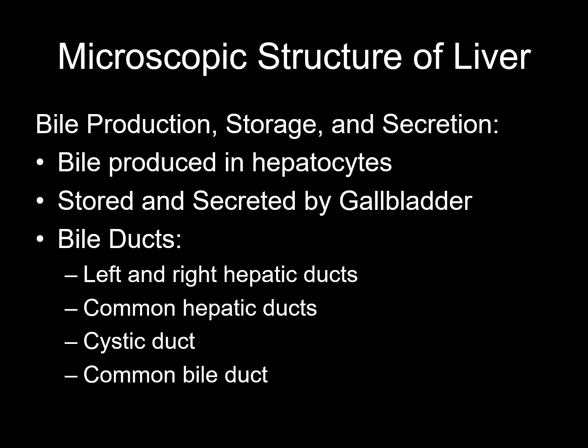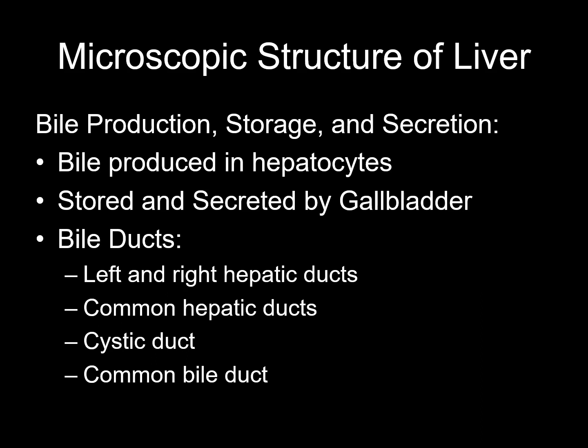Once the bile is produced, if it's not needed at the time, it's stored in the gallbladder. Then once you eat a fatty meal, because bile helps to digest fat, the gallbladder will secrete an extra amount of bile into the small intestine to help digest that fatty meal.